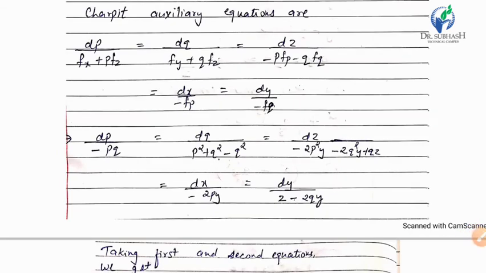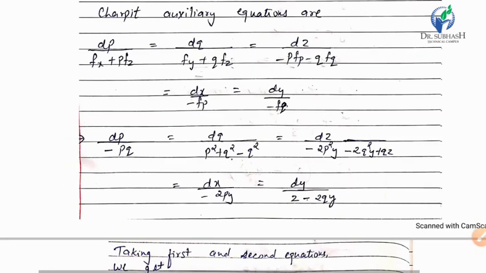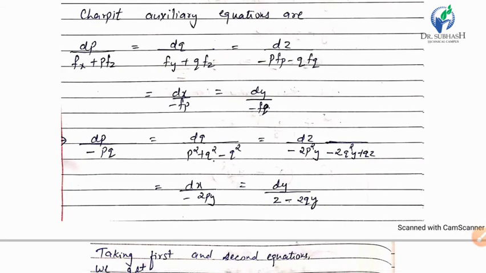On substituting all the values, I get dp upon minus pq, dq upon p square plus q square minus q square, dz upon, I have substituted and simplified after putting the value of fp and fq, dx upon minus 2py and dy upon z minus 2qy.